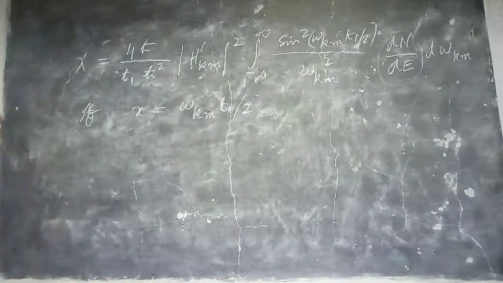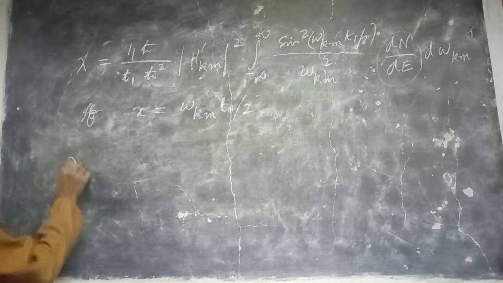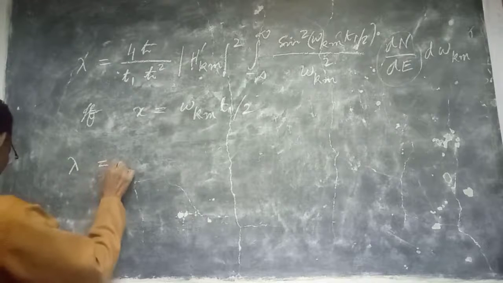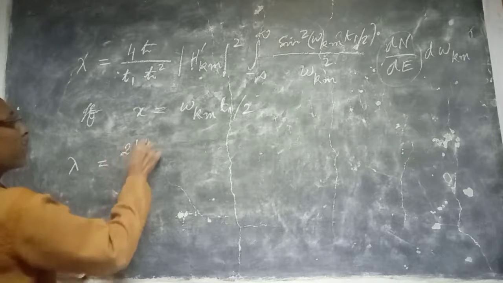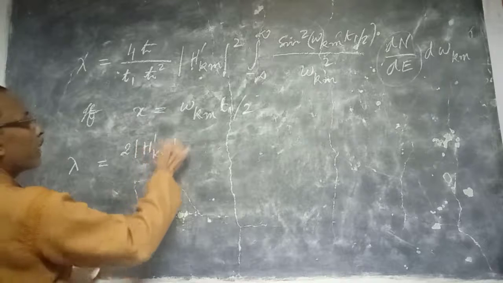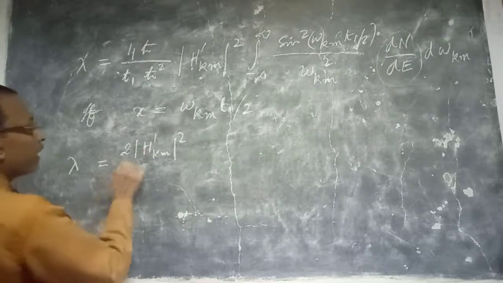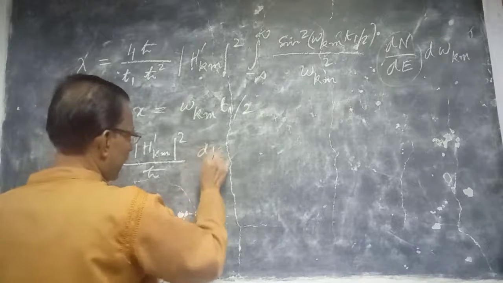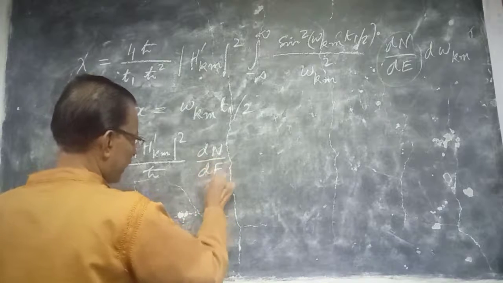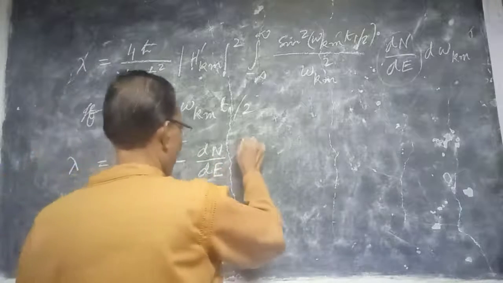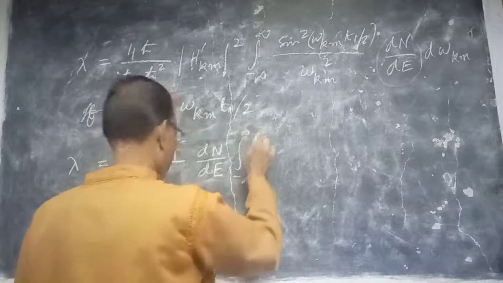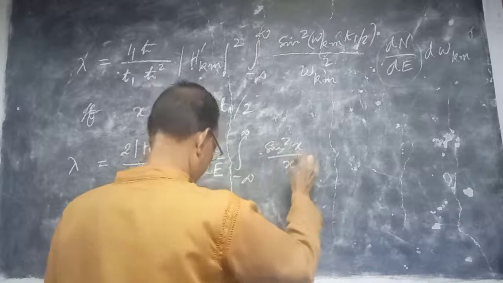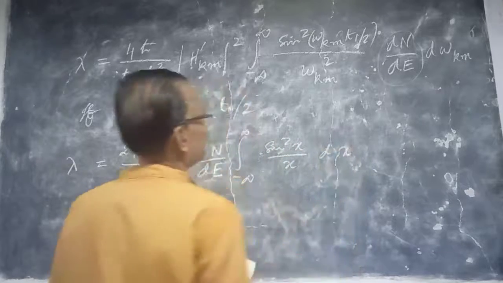We get the transition probability, or transition rate, that is lambda, equal to twice H prime km mod square by h cross, dn by dE, which is taken out of the integration as a constant quantity, times the integral from minus infinity to plus infinity of sin square x by x square dx.